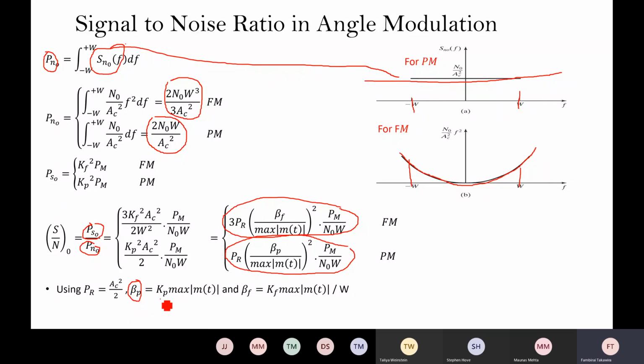This formula can be written in a variety of ways by using the relationship between the modulation index beta and the maximum value of m, and also the fact that the received power, PR, is always going to be Ac squared upon 2 for an FM and phase modulation scheme.